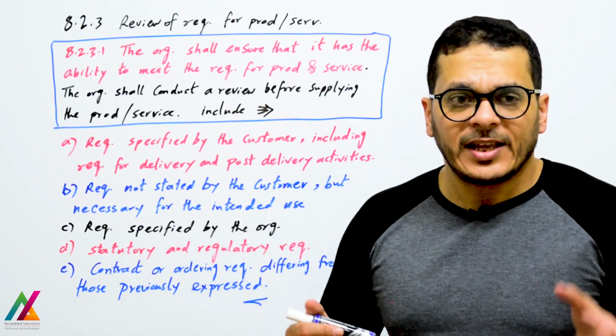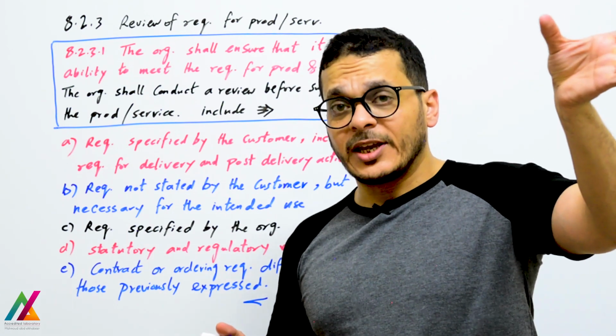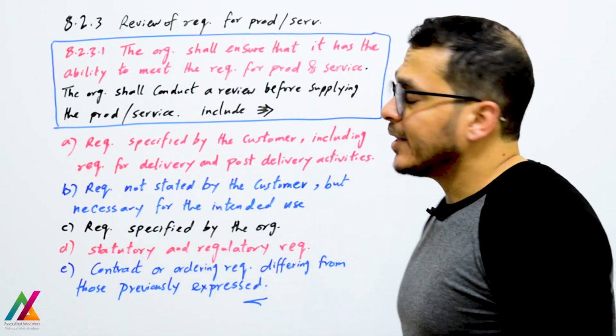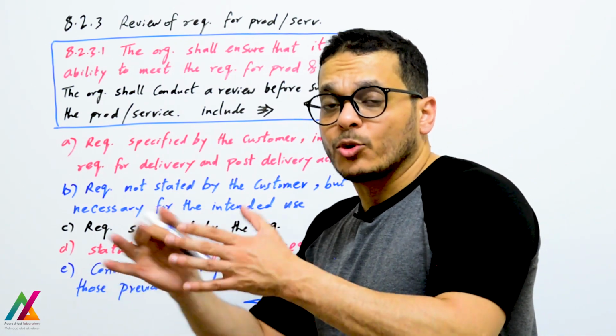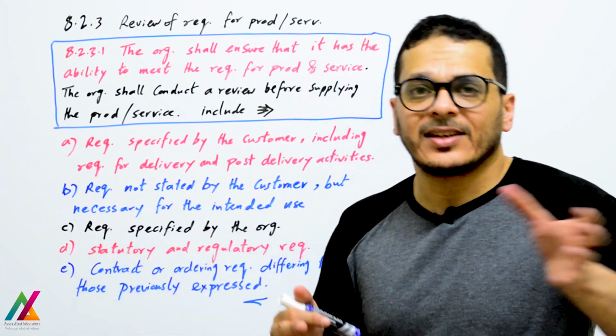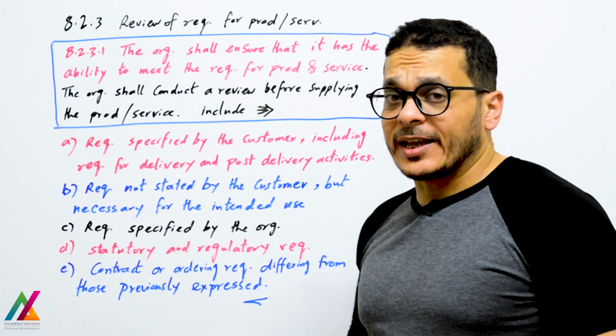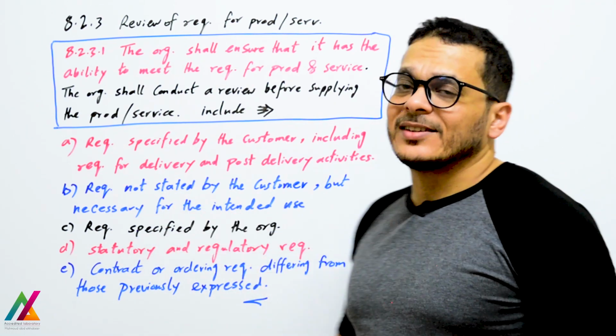All requirements specified by the customer from the beginning have been fulfilled. And the output, or the product at the end, met the inputs or his requirements not stated by the customer but necessary for the intended use.